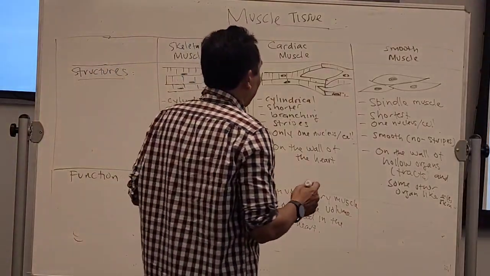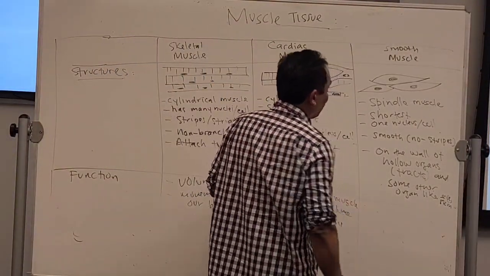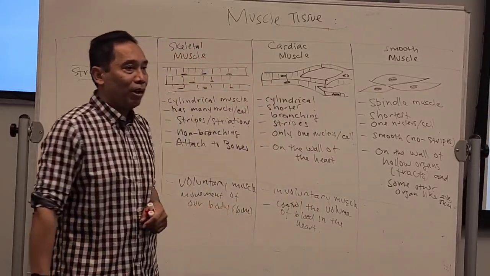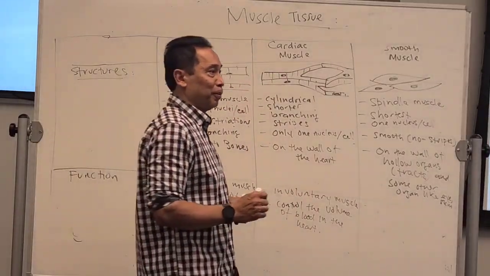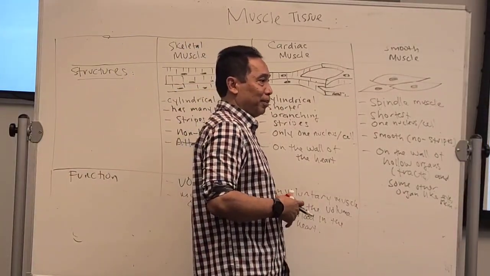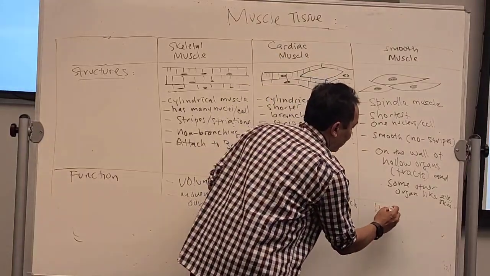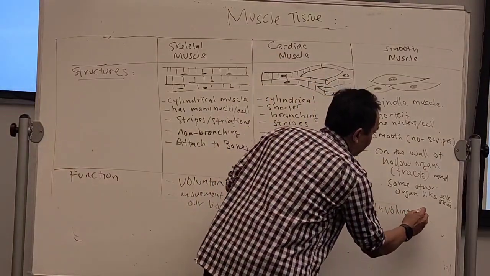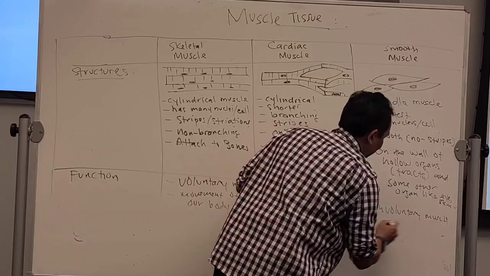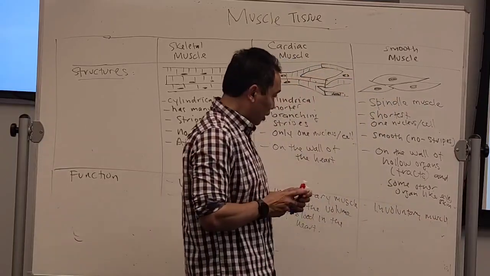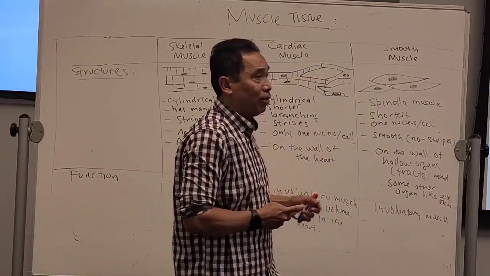Okay. Now the last one, smooth muscle. Voluntary or involuntary? Can you control them? No. Involuntary muscle. And the function depends on where they are located.